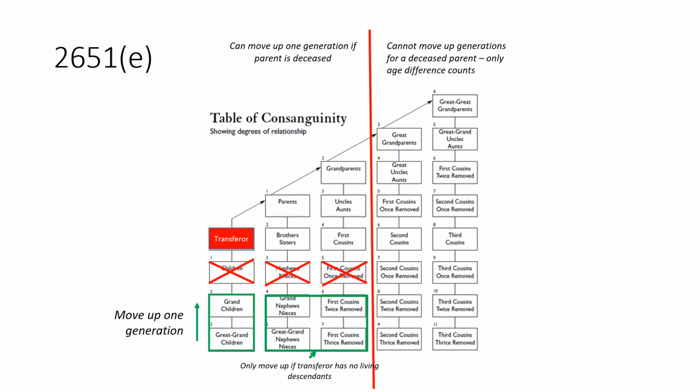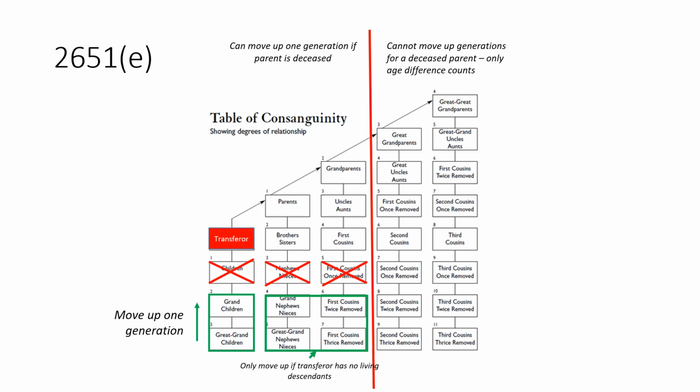Now, once again, I think it's helpful to go to a visual here. The only time we're going to be dealing with that rule under Code Section 2651(e) is, once again, if we're on the left side of this red line dealing with descendants of grandparents. So in this case, if we look at the transferor on the far left, if we take out a member of the generation of children, that first generation, what that means is that all others under them, the descendants, will move up one generation.